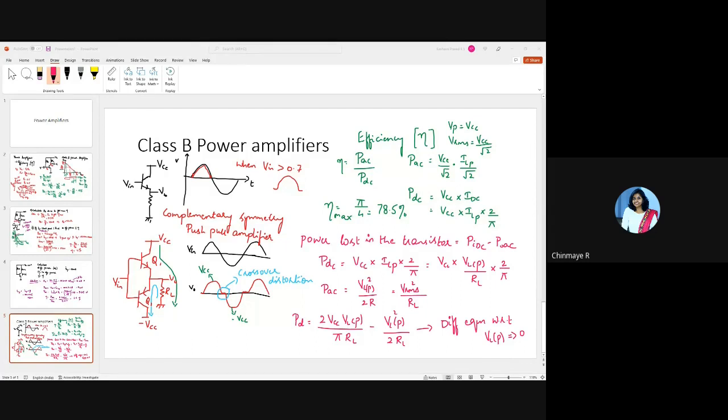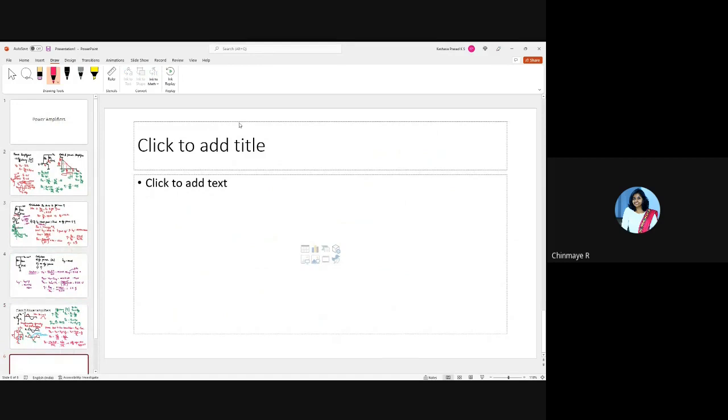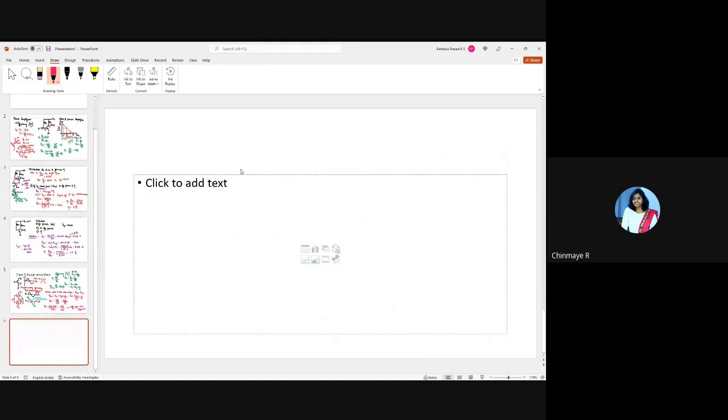Okay. So basically, at VL of P equal to 2 VCC by pi, we see that PD is maximum.